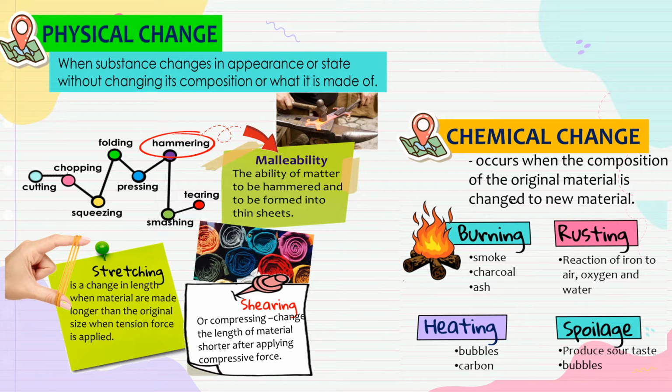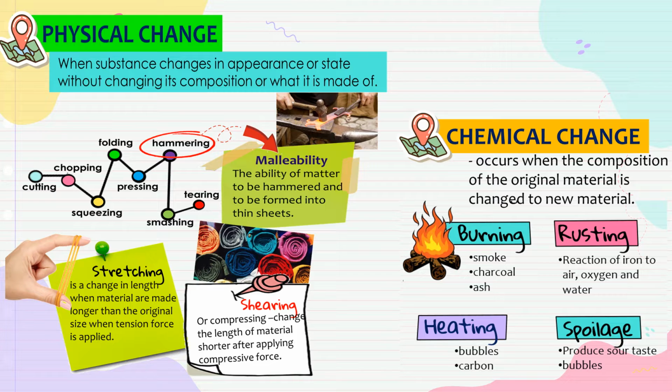We talked about different ways of squashing. Squashing is a collective term used to describe cutting, chopping, squeezing, folding, pressing, hammering, smashing, and tearing. This is a process that makes a material change its shape, size, and form.